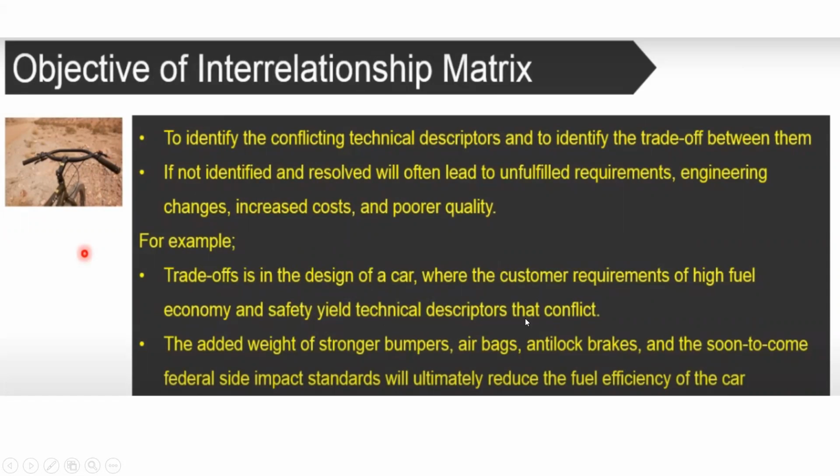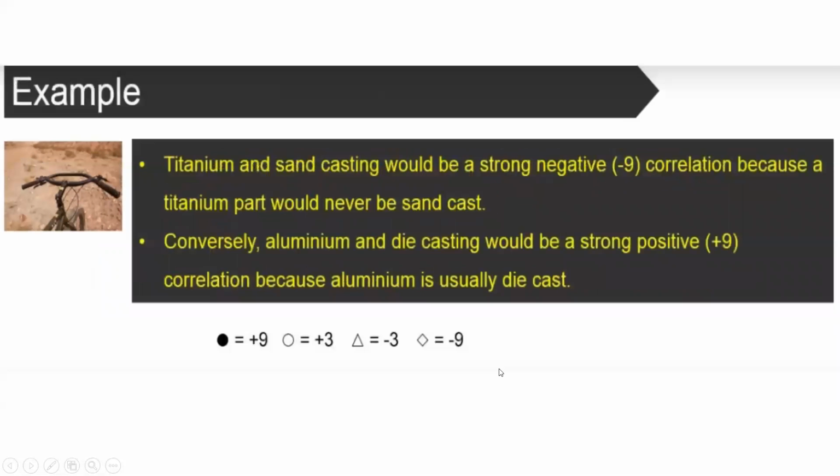These two always conflict. You want high fuel economy and also safety, so that is hard. Strong bumpers and airbags add weight, which reduces the fuel efficiency of the car. So this is very hard.